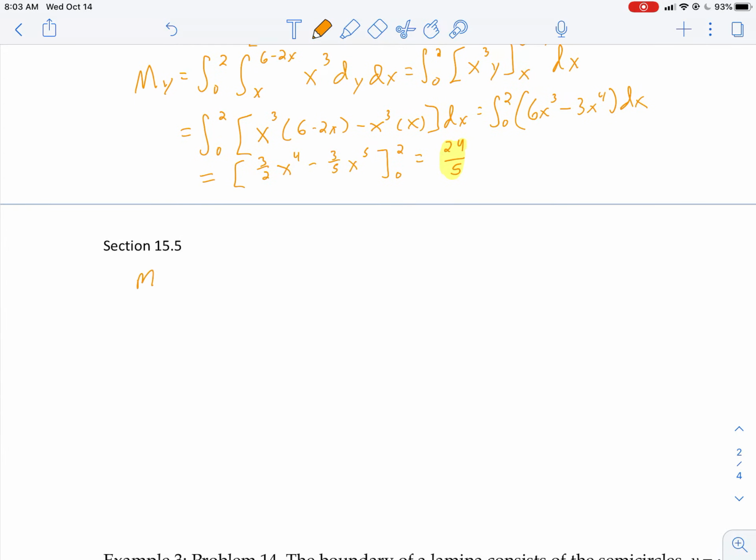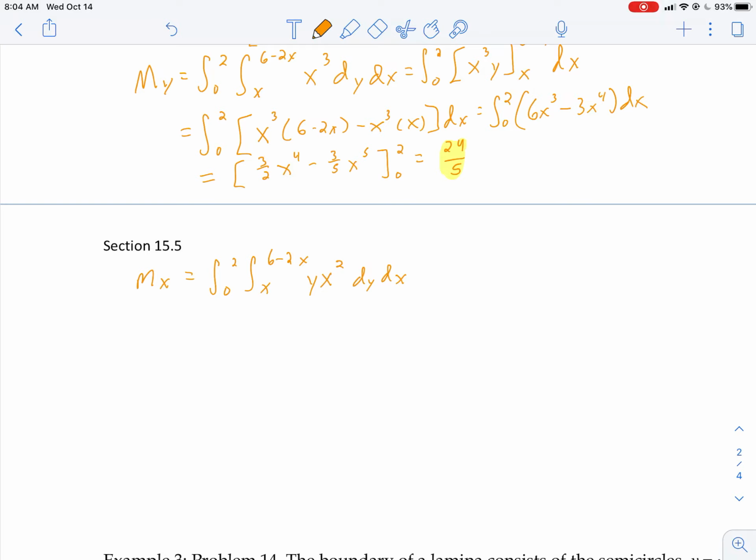Now we need to find our M sub x. Again, 0 to 2, x to 6 minus 2x. This one's going to be more fun because now we actually have a y, so it's going to be x squared, and we have the y there, dy dx.